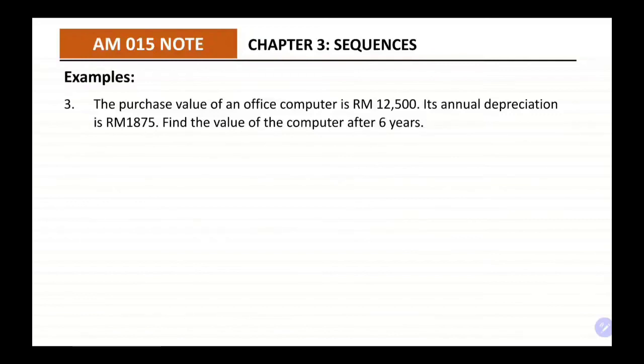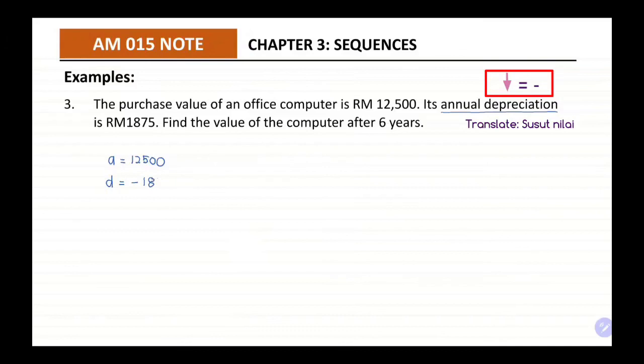Now, the question gives the purchase value. So the starting value for the office computer is 12,500. This one refers to a, a is 12,500. Its annual depreciation is 1,875. Annual depreciation means the common difference is negative 1,875. Why negative? Since this one is depreciation. Find the value of the computer after 6 years.